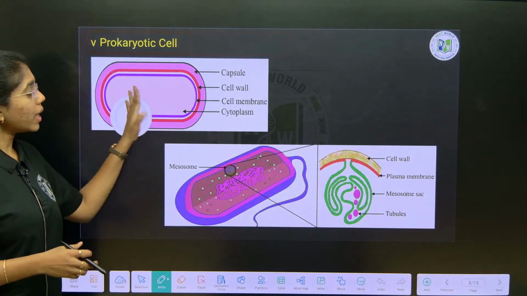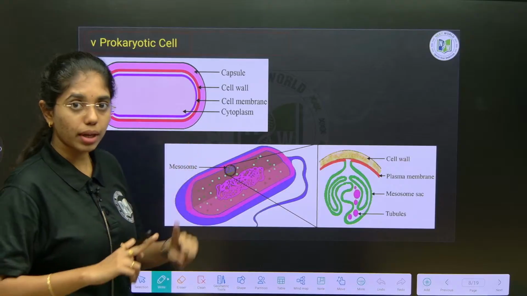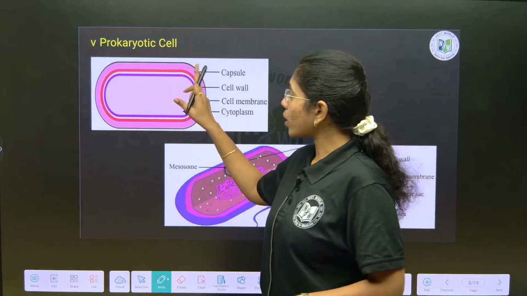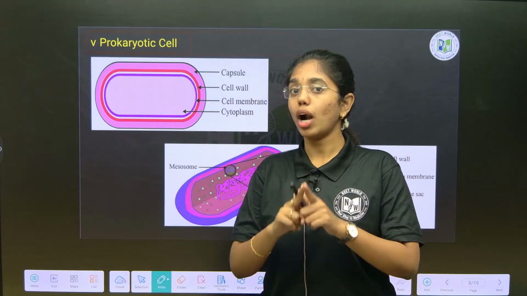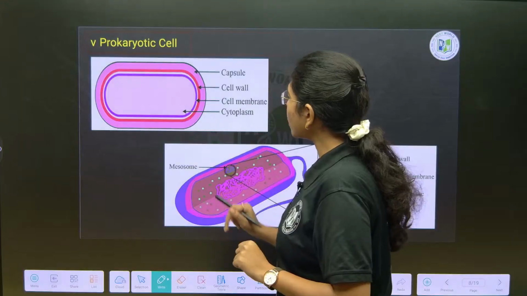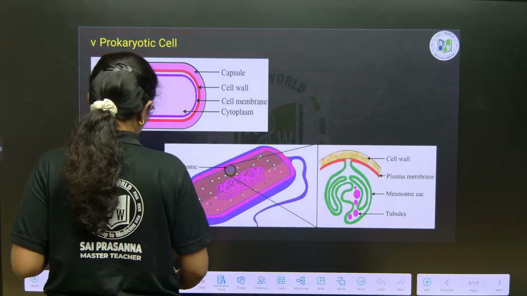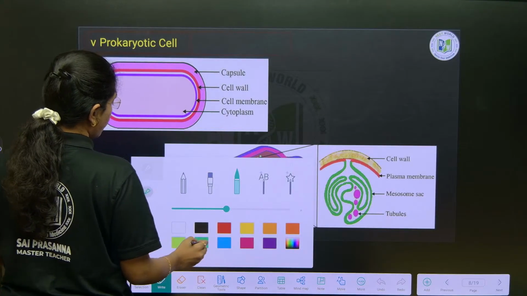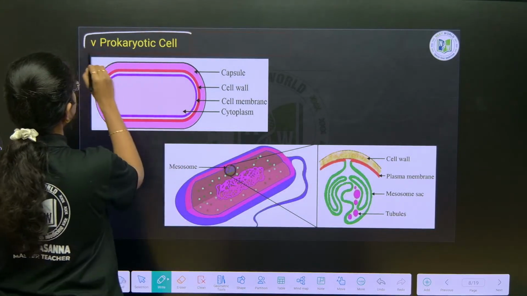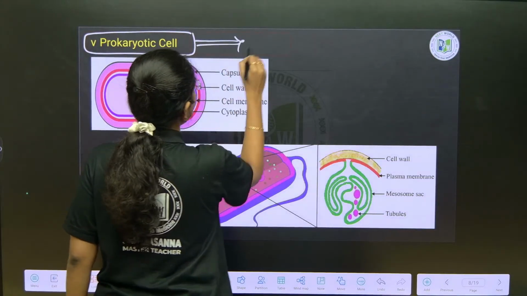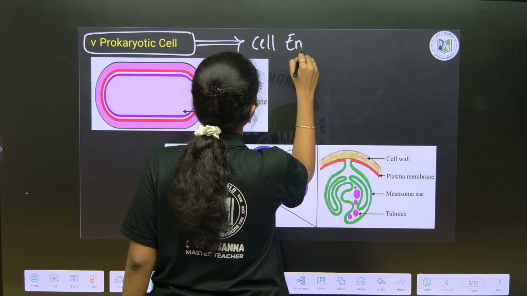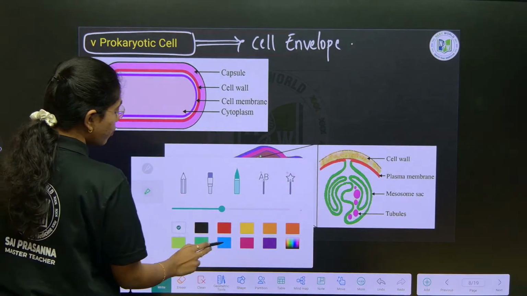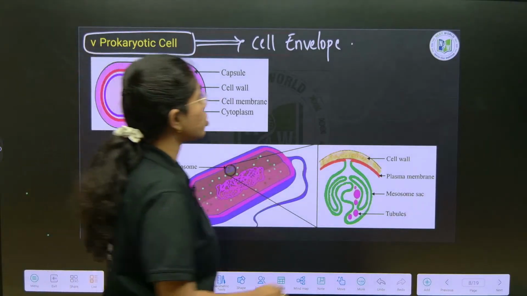Unlike a plant cell whose outer boundary is a cell wall, or an animal cell whose outer boundary is the cell membrane, a prokaryotic cell is encapsulated by a cell envelope. This cell envelope consists of 3 layers.